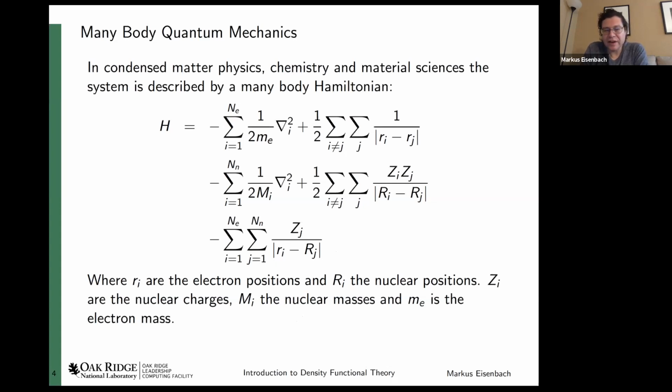So lowercase r are the electron positions, uppercase R are the nuclear positions, and the Z's are the nuclear charges, and the capital M are the nuclear masses, and lowercase m is the electron mass.